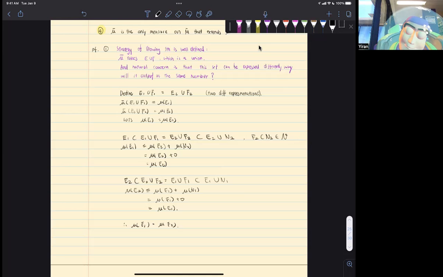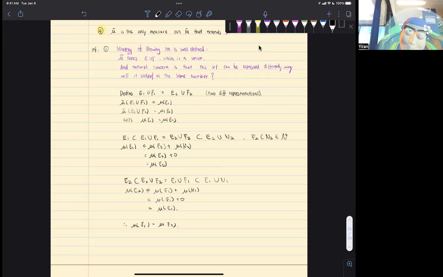Okay, what else do we need to show? We want to obtain the equality, but so far we have an inequality. Let's do the reverse thing. So notice that E2 is a subset of E2 union F2, which is a subset of E1 union F1, which is a subset of E1 union N1.